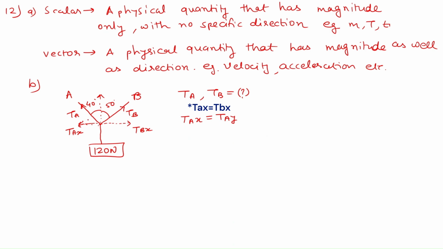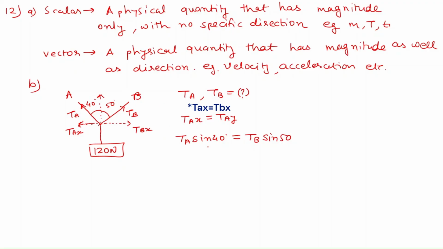From this, you can write TA. This is the opposite angle, okay? So TA sine, we have to use sine 40, and TB means this is the opposite angle also, sine 50.